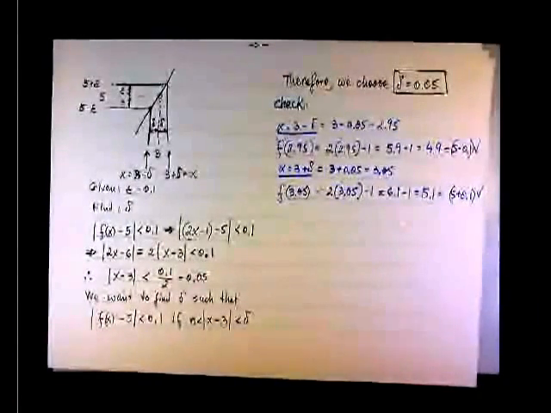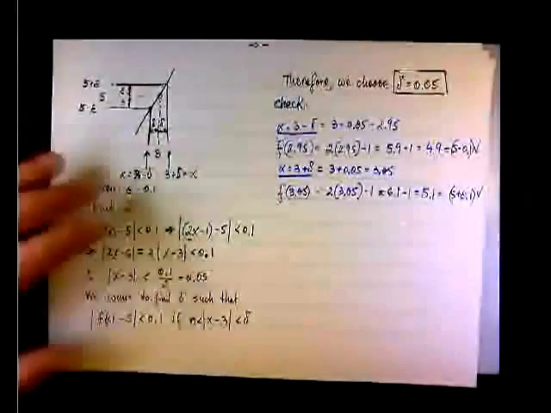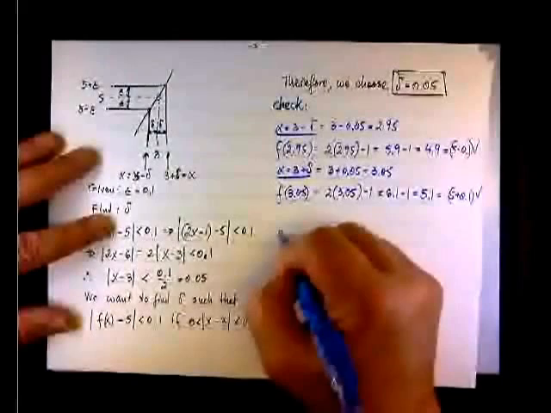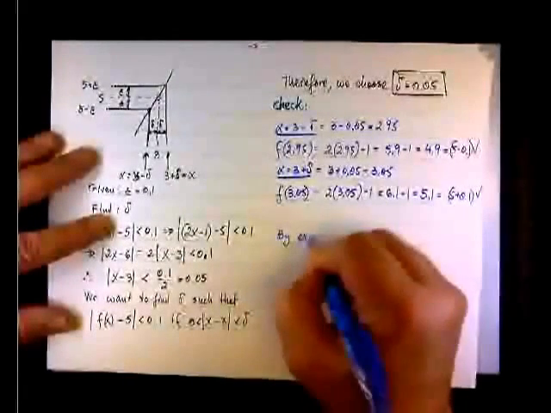Now, we can extend it and we can say, what happens if we change the tolerance? If you want to find delta such that f of x is 5 plus or minus 0.001, okay? It works the same way. So here's by extension.